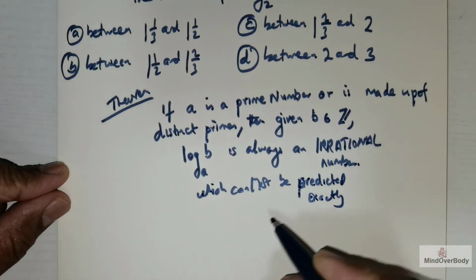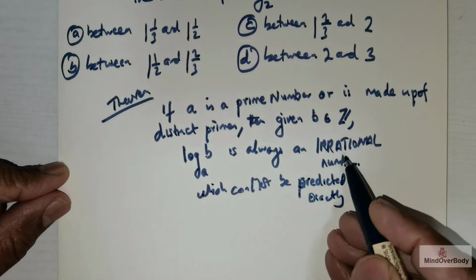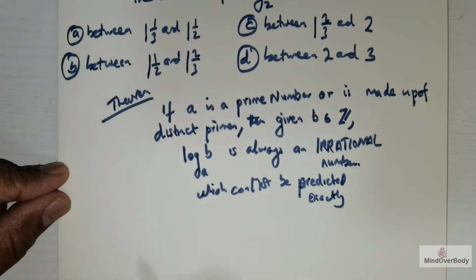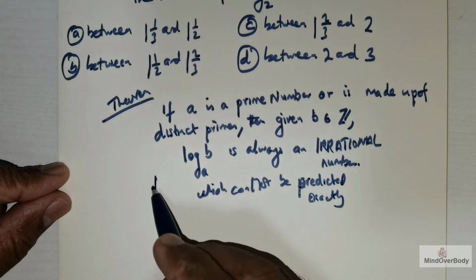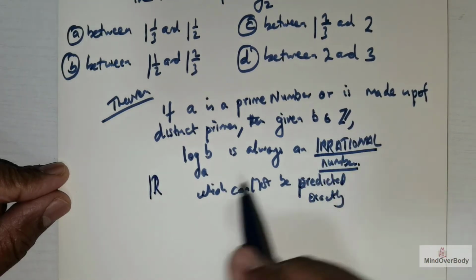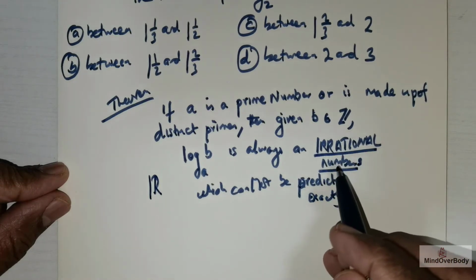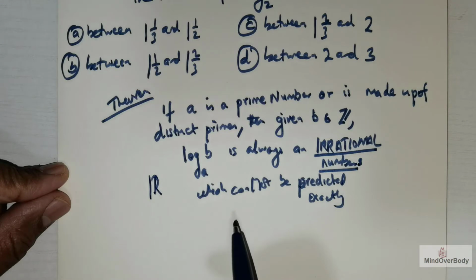So we know that rational numbers and irrational numbers make up real numbers, and the most important aspect of real numbers is the power of the irrational numbers. So that means these irrational numbers are far greater than rational numbers.